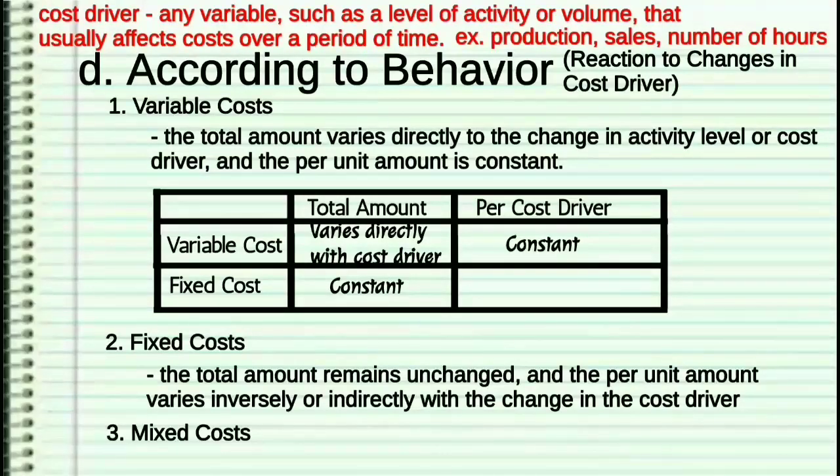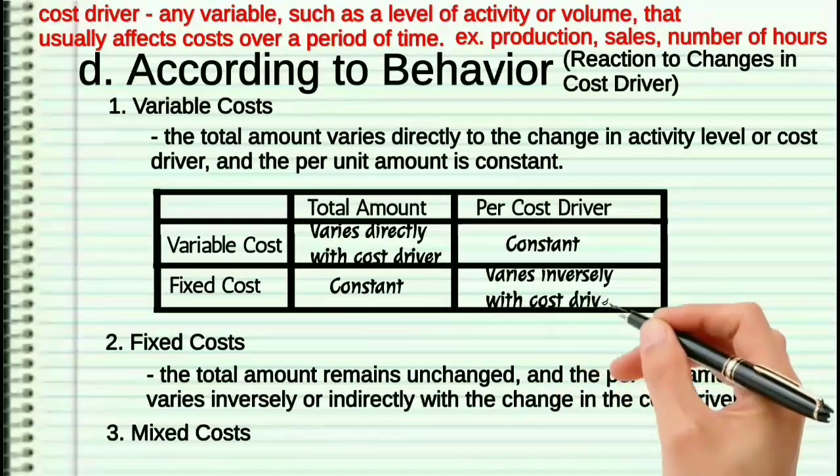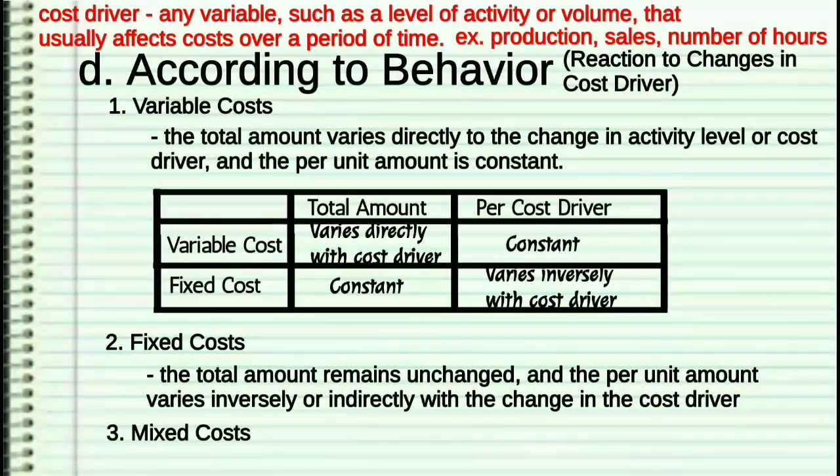Pero kung ang pinag-uusapan ay fixed cost per cost driver, let's say fixed cost per unit, it varies inversely with the cost driver. Meaning to say, kung tataas yung cost driver, yung fixed cost per cost driver ay bababa. Vice versa, kung yung cost driver ay bumaba, that means yung fixed cost per cost driver ay tataas. Kasi ang sabi, varies inversely with the cost driver.